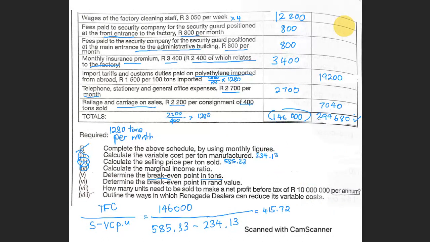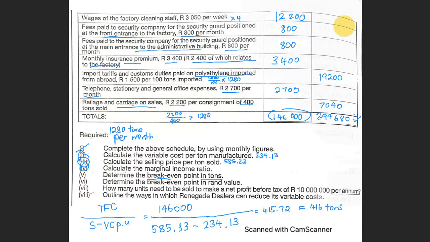And for the purpose of the textbook, they are rounding up, I think it is, but for the purpose of the IIE, they prefer that you round it down. But I will suggest that you just leave it as a two decimal place answer, and then just also say that it's equivalent to 416 tons.